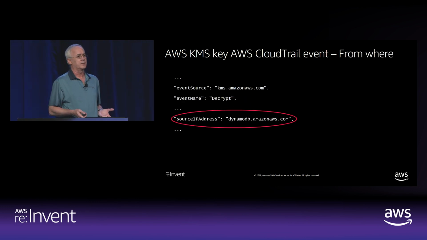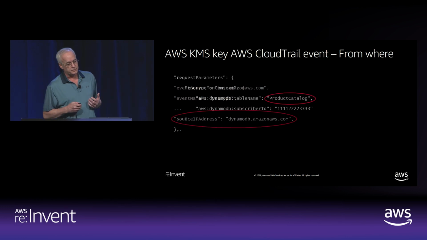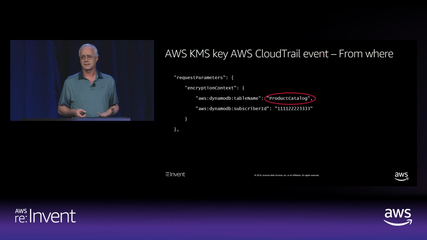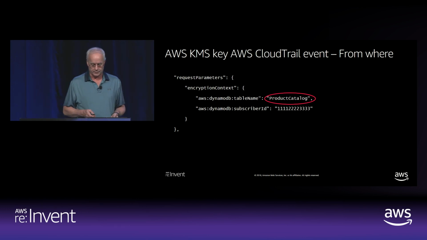We'll indicate that it's coming from Dynamo, because the user doesn't access the key directly. These AWS managed keys are accessed only through Dynamo. And we'll tell you what table it was accessed on behalf. So you know who did it, what table they did it on, what key was used, and that it came through DynamoDB.